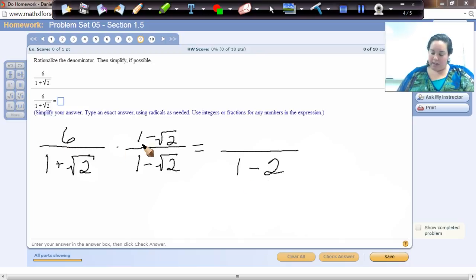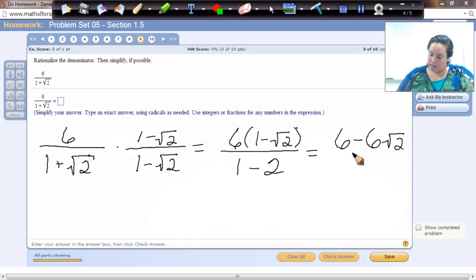In the numerator, we have 6 times 1 minus the square root of 2. We need to distribute this 6. So distribute the 6, we get 6 minus 6 root 2. And down here we have negative 1.